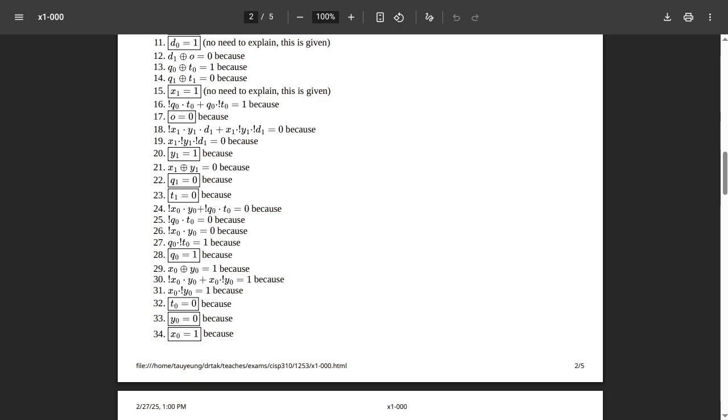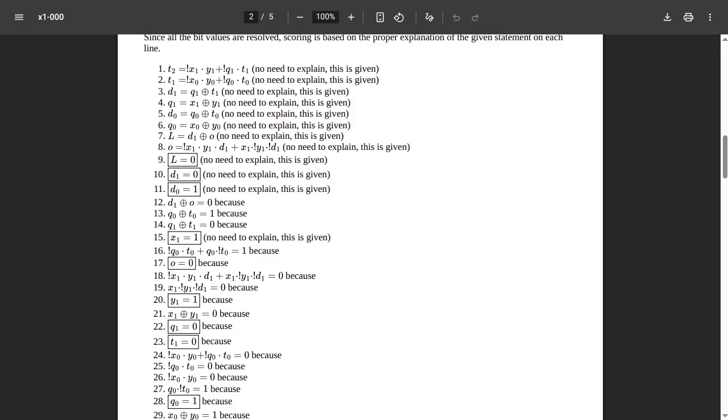All right, so now we work with 29. So 29 is, we know the exclusive OR between x0, y0 is a 1. So now we can look up the definition of Q0, which is 6, and 28 tells us what Q0 is.